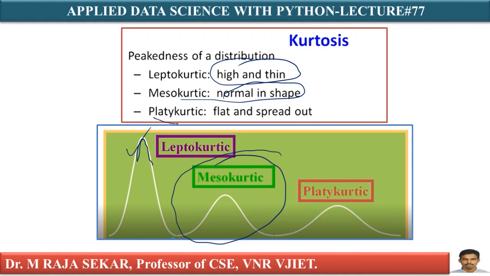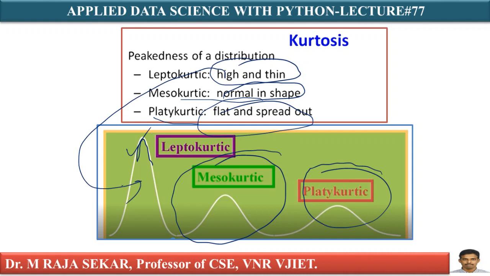Now, platykurtic means flat and spread out. Just see, this is platykurtic. This is flat, and is it not spread out? Yes, it's spread out. It's really visible. Just read this theory and try to understand these points: high and thin with leptokurtic, normal shape with mesokurtic, and platykurtic. Try to relate these theoretical points with the diagrams so that you can certainly understand.